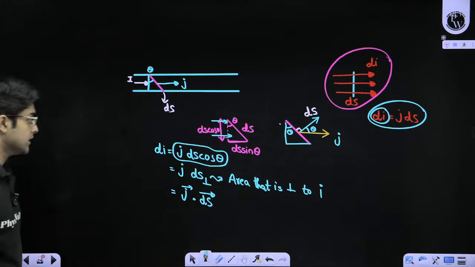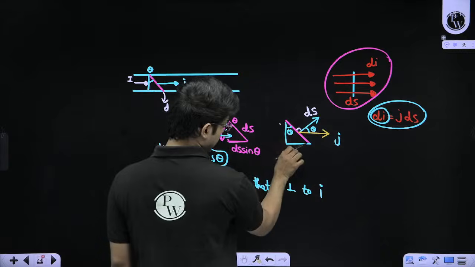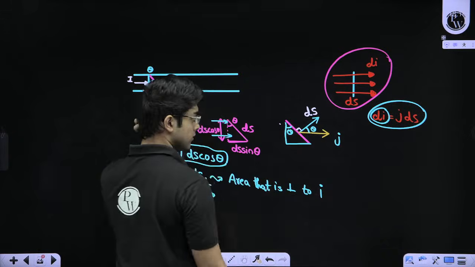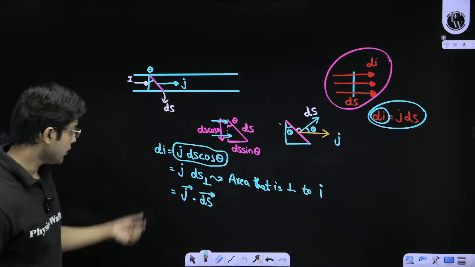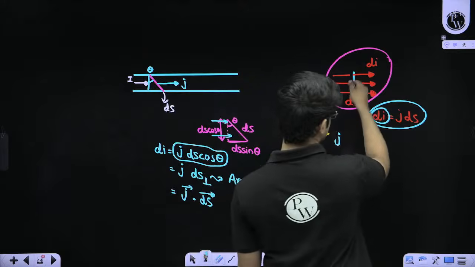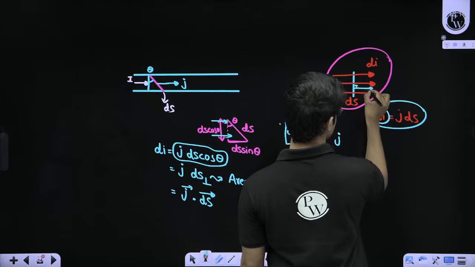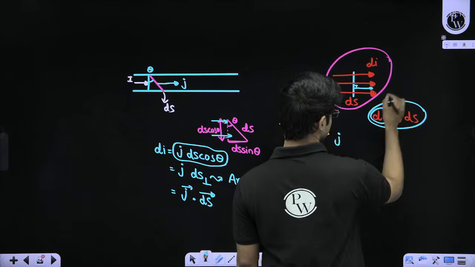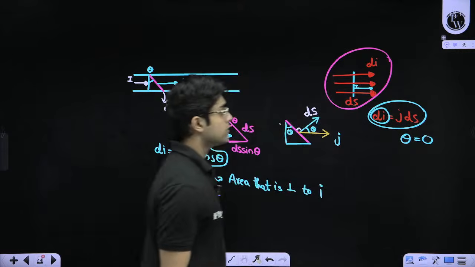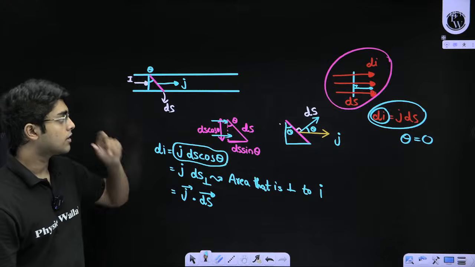If J and ds make an angle theta with each other, then the way we get the current is by taking the dot product. In the simple case, the area vector was also in the right direction and the current is also in the right direction, so theta was 0. It will be J into ds into cos 0, which will be J ds.